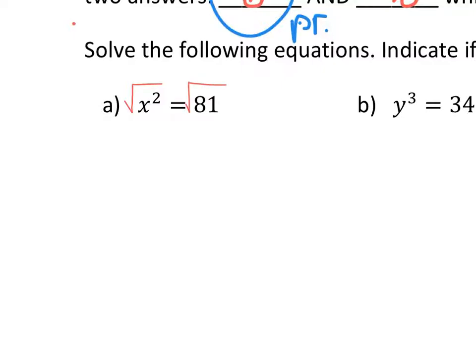What happens is that frees up x to be by itself, and then I have square root of 81. Again, you can plug it right in your calculator. There's a square root button right above the x squared, or you can go to the math feature and it's in there on your calculator as well. So x equals square root of 81 is positive 9 or negative 9, and I'm going to show that with plus or minus 9.